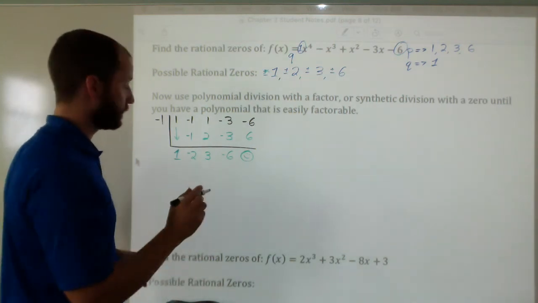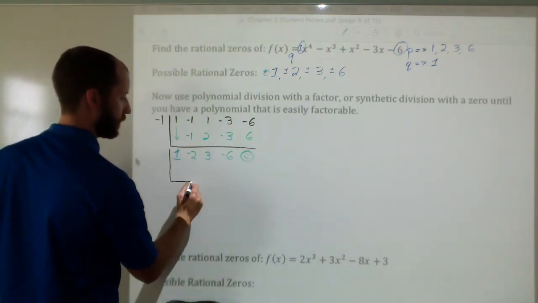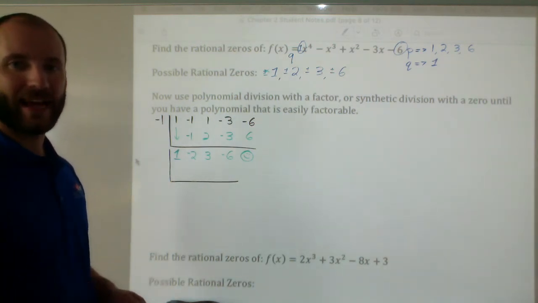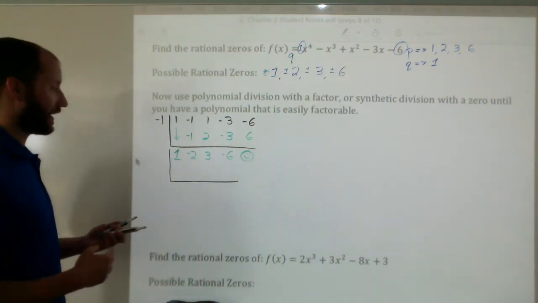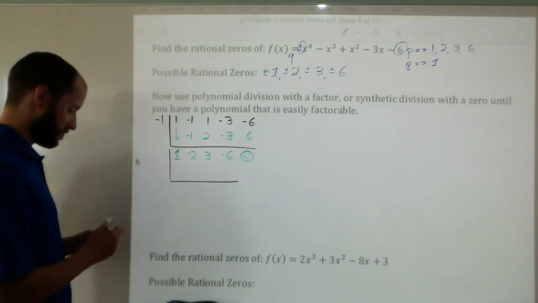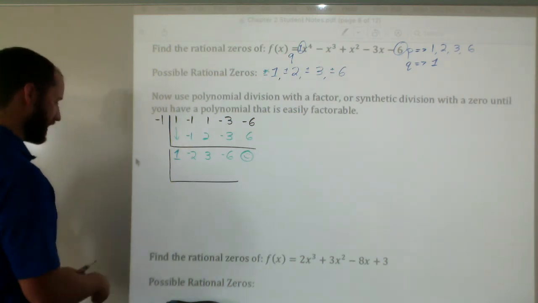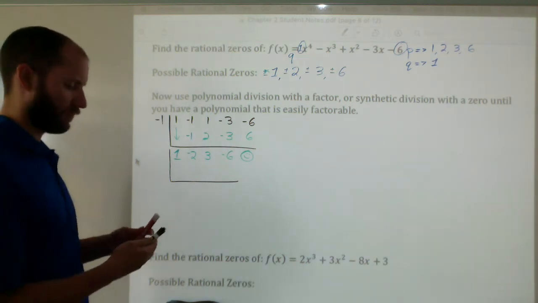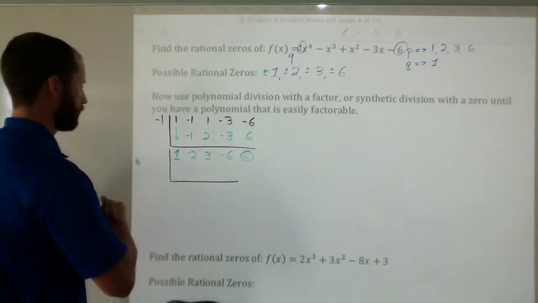So here's what I'm going to do. I'm going to do it again. I'm just going to keep dividing this down. So again, it's a guess and check game. I'm going to try +2. Let's see what happens there.